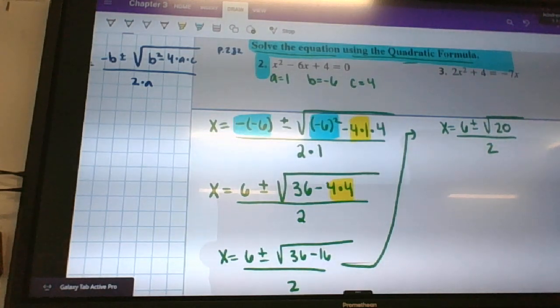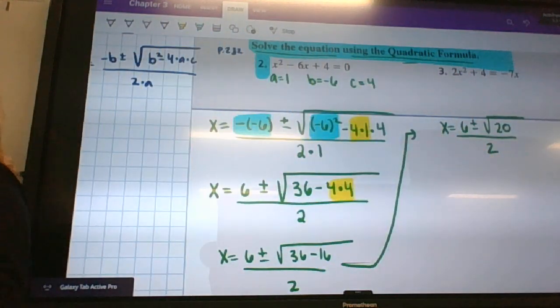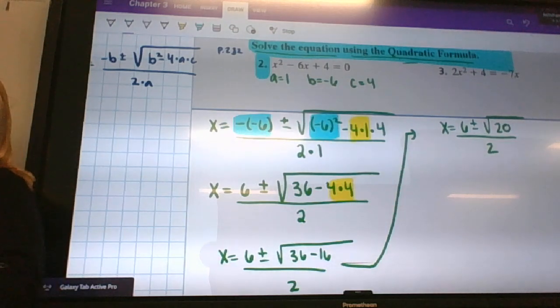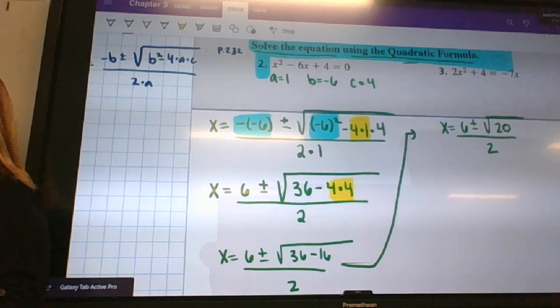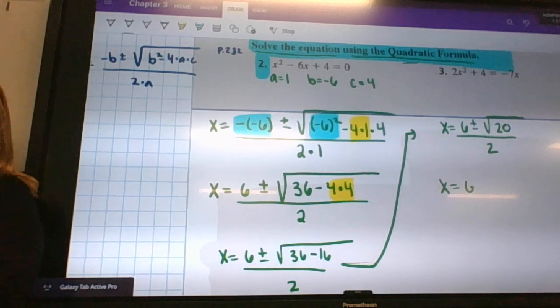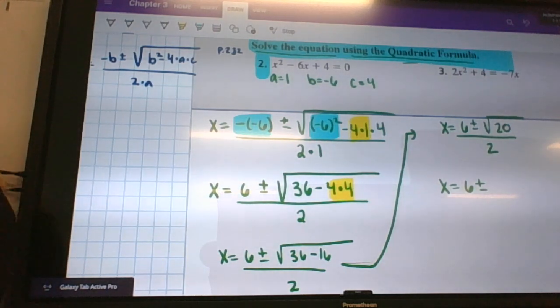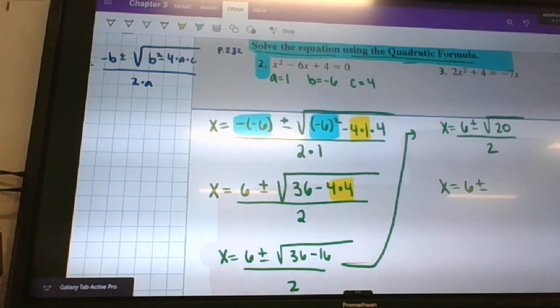A lot of students will stop here, but there's always some tricky simplifying that has to go on until you're really done. The square root of 20, I know, is square root of 4 times 5. I have to put it in simplest radical form. So I'm going to simplify square root of 20 to 2 square root of 5. I'm going from here to here. I can write all the perfect squares.